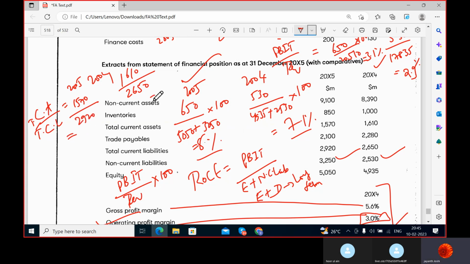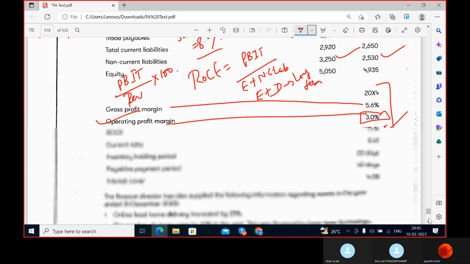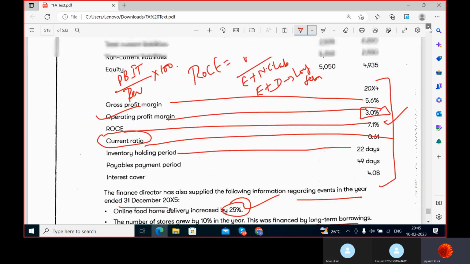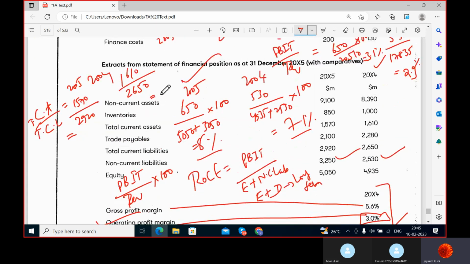And you can see the calculation. For 2004 you've got 0.61, correct? Is that what you got? And for 2005, 0.5. So the liquidity has come down, correct?